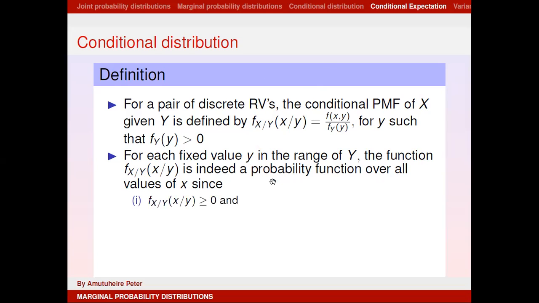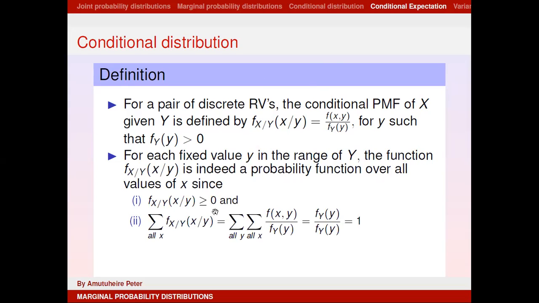What do we mean by it being a probability function? It should satisfy the conditions here. One of the conditions is that it should be non-negative for all values of x and y. Then when you take this sum, you should get 1.